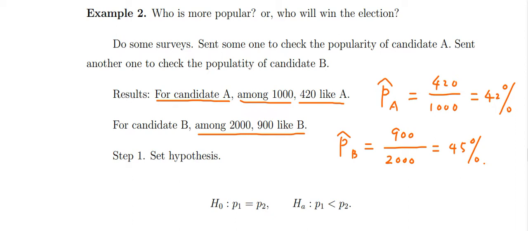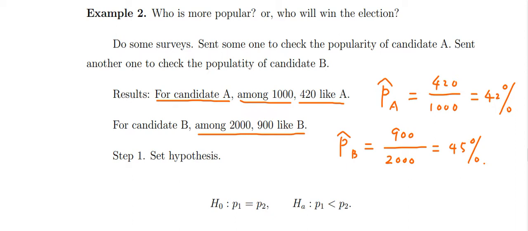So from our survey, we find candidate B has 3% more than candidate A. Their popularity is 45 versus 42%.